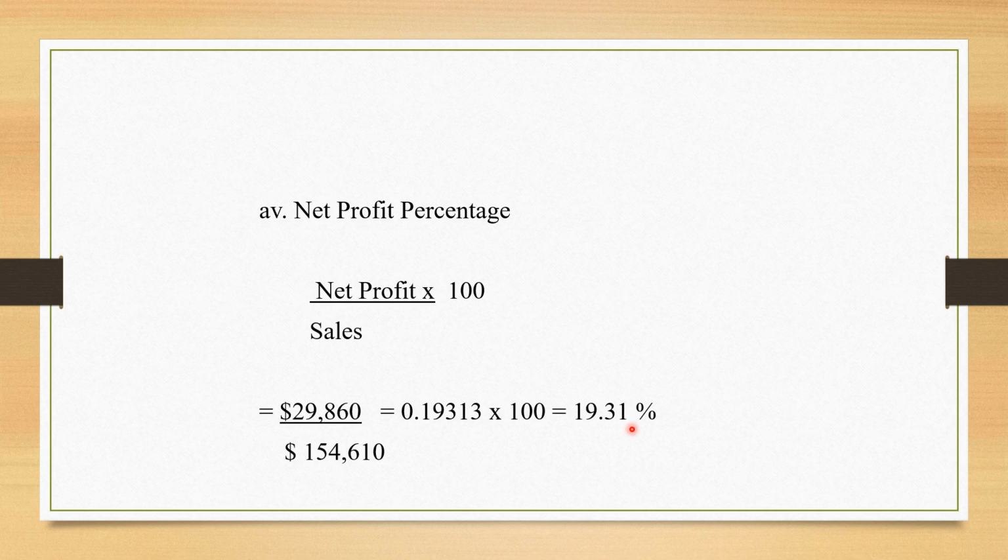These are the 5 types of ratio that we looked at today: the current ratio and the acid test ratio, which were liquidity ratios. We looked at the return on capital employed, also called the return on capital invested, and the net profit percentage, which are profitability ratios.